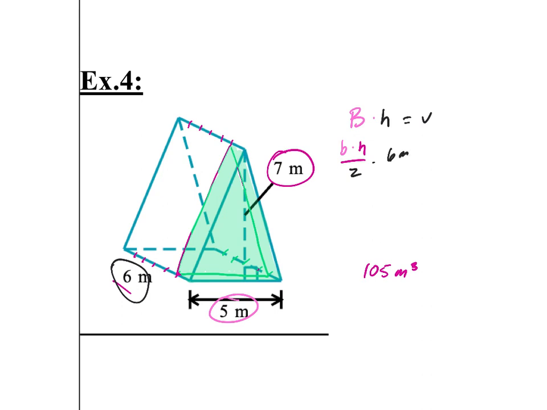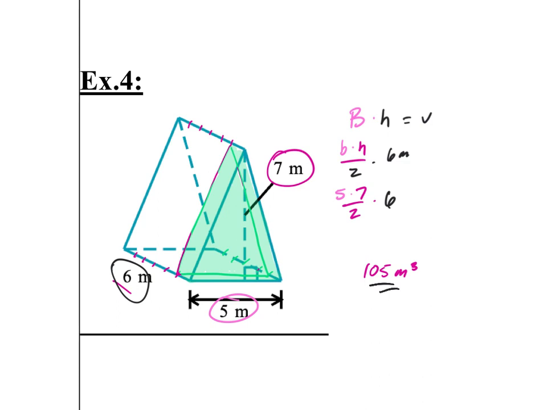So what we wind up with is 5 times 7, divided by 2, times the 6. And that's going to be meters cubed. And that comes out to 105 meters cubed.